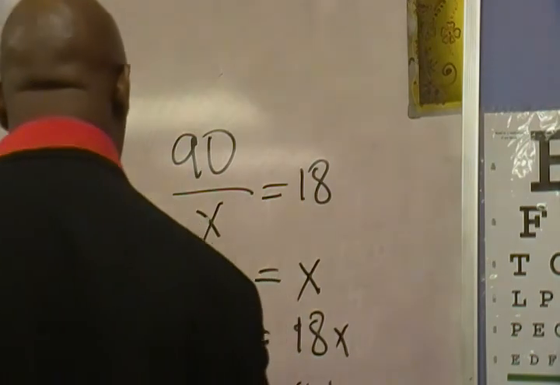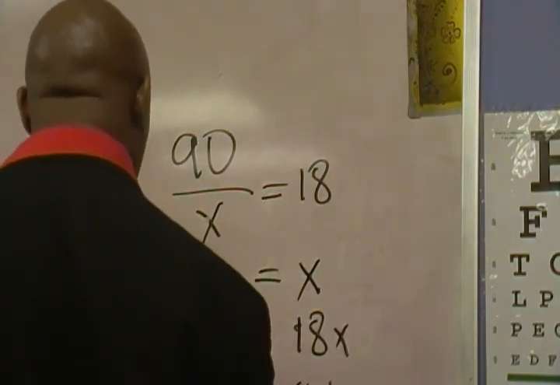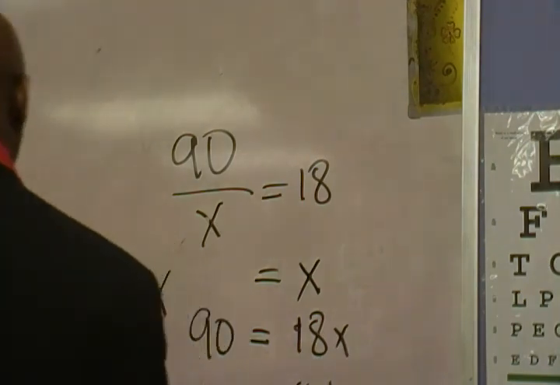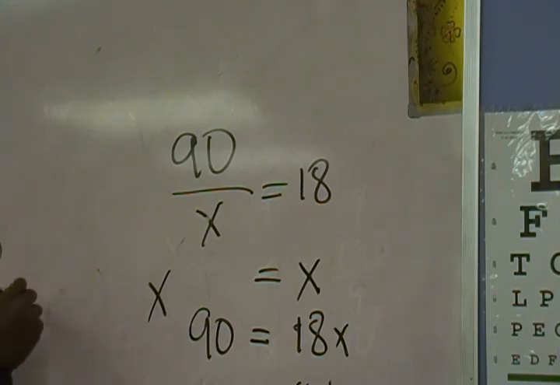That gives me 90 over 18 equals x. 18 goes into 90 five times, so x equals 5.